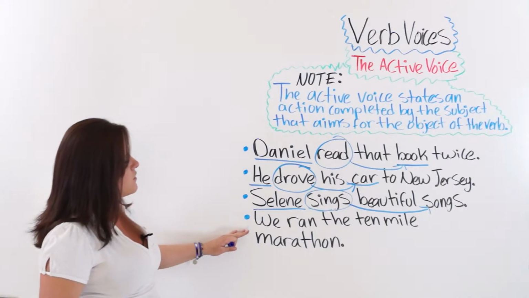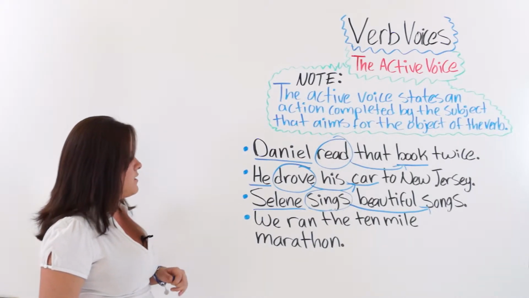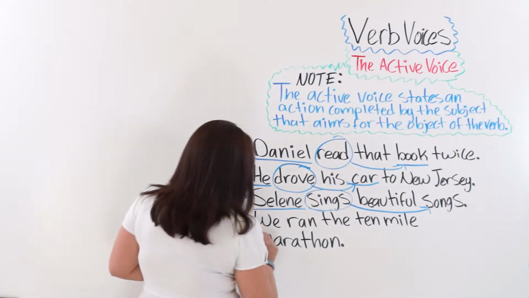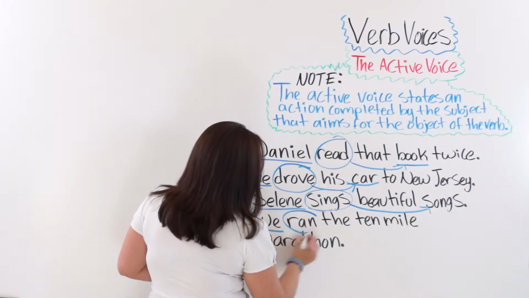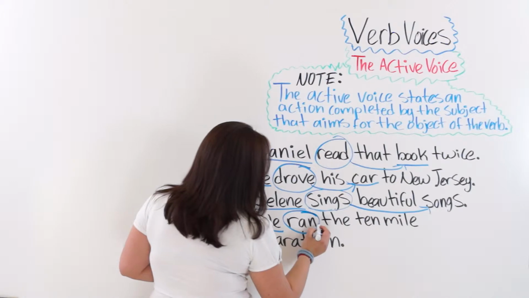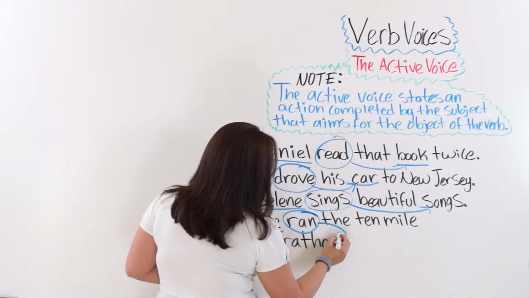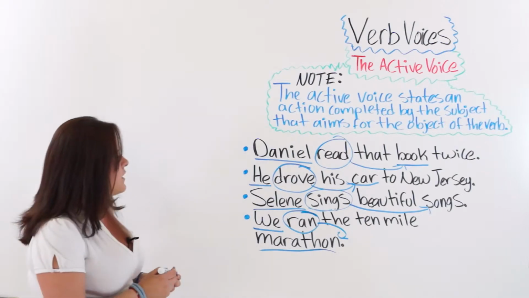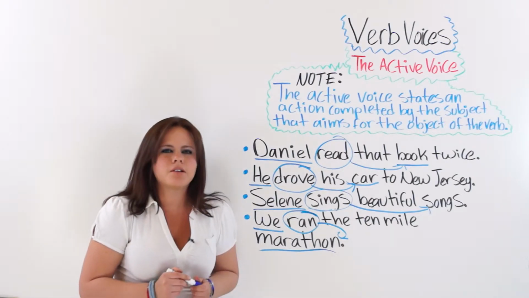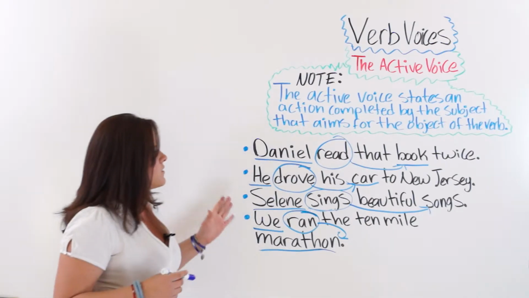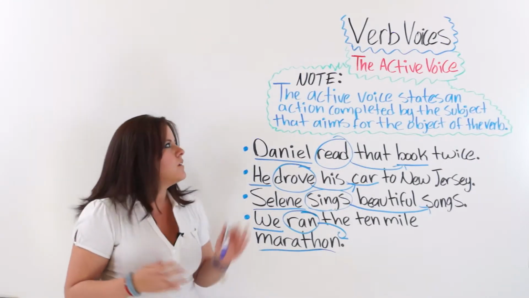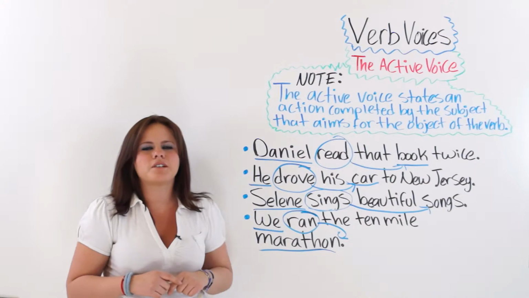The next one says, we ran the 10-mile marathon. We, subject, ran, verb, and it is aiming for the object, marathon. We ran the 10-mile marathon. Alright, so these are 4 very, very clear examples of the active voice.